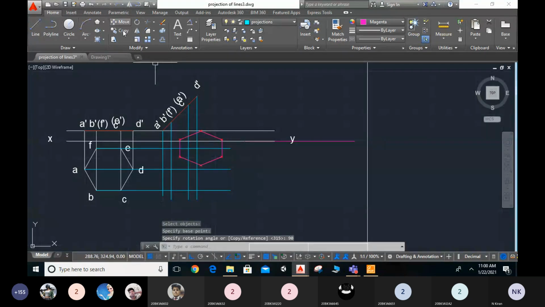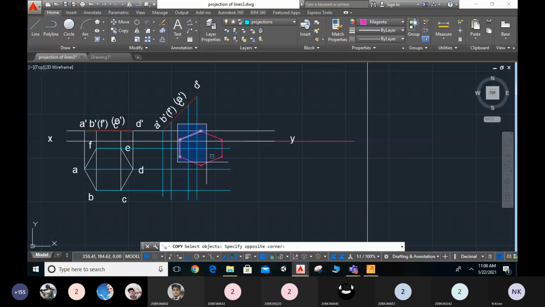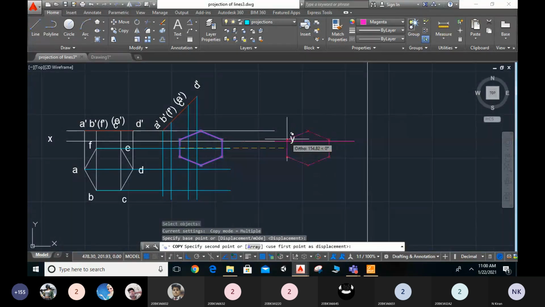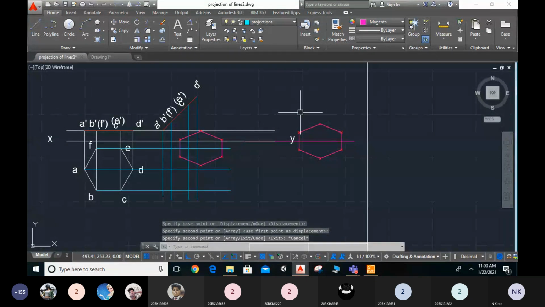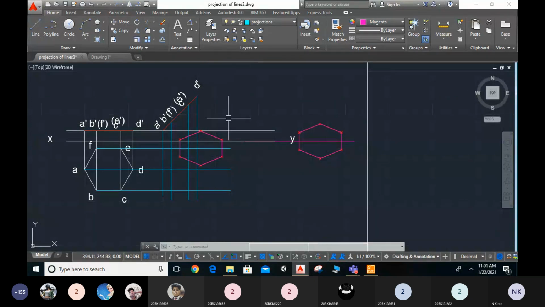Now I will copy this object that I got, enter, and with the midpoint I will place it somewhere over here. So now immediately I will select all this with the line and rotate, so that it will be easy for me.